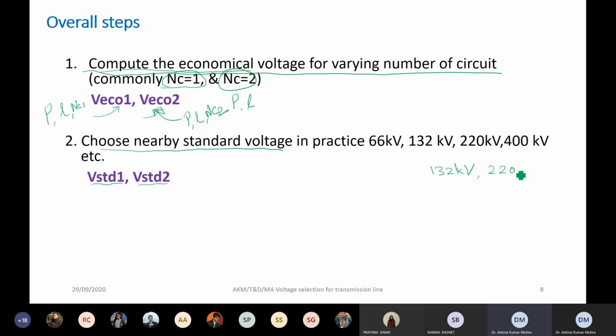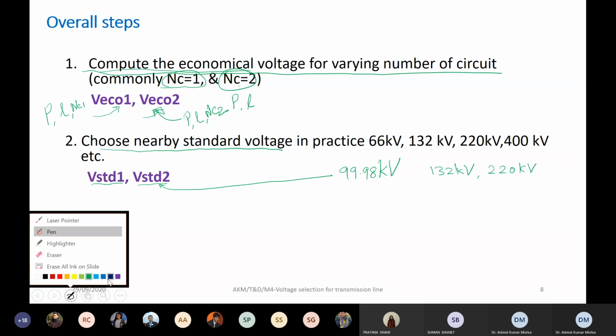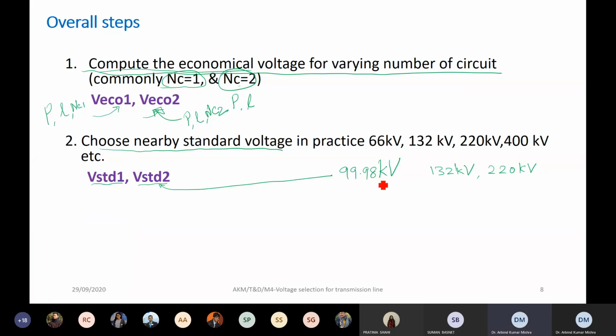Say we have calculated 99.98 kV as V economical 2. Obviously, what will be your choice? The nearby standard voltage, you will choose 132 kV, no doubt at all.